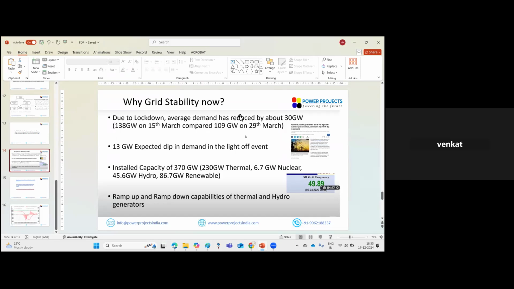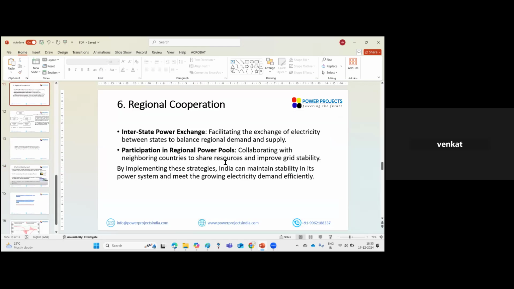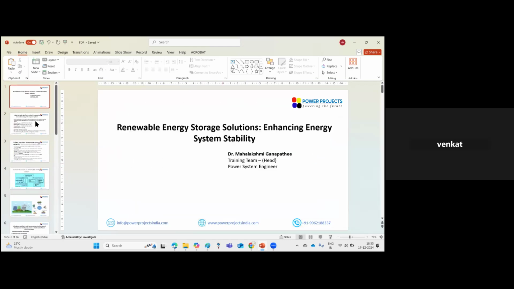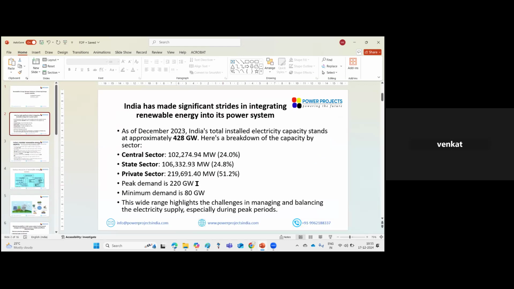Apart from this, we'll see what happened during the COVID lockdown. The average demand was reduced by about 30 gigawatt. What do you mean by 30 gigawatt reduction? In the first slide I told you our maximum demand was 220.